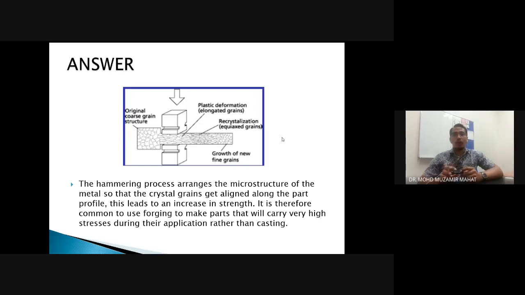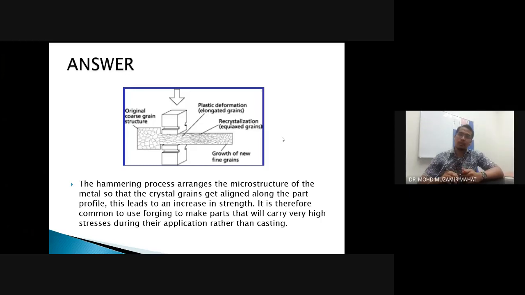It is therefore common to use forging rather than casting to make parts that will carry very high stresses during the application. So if you see the figure on the slide, the original coarse grain structure, and after the plastic deformation, the elongated grains can be seen after it fits the die, and the recrystallization effects can be seen here.